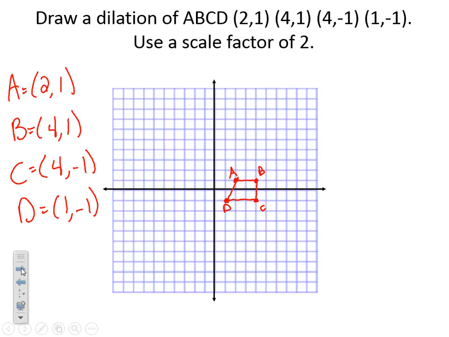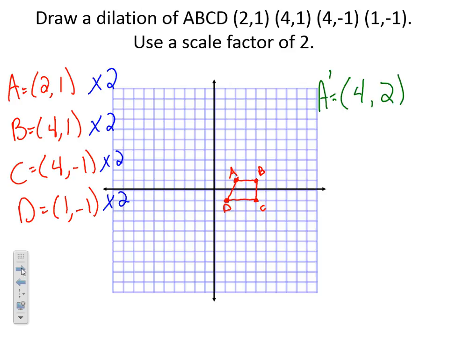Now it says I'm also on this one going to use a scale factor of 2. So for each of these, we're going to multiply everything by 2. It's going to get twice as large. So our A now will become 4, 2. B prime will become 8, 2.